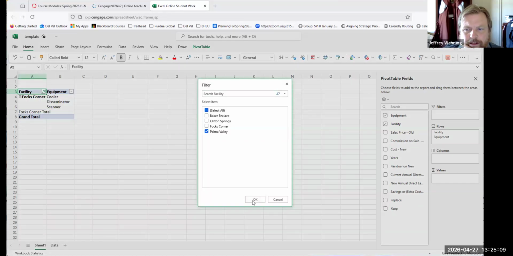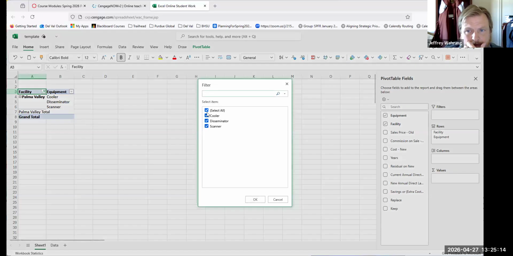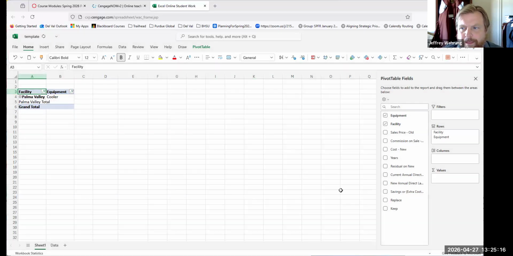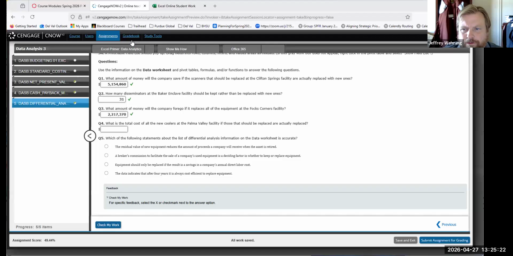We're just looking at Palma Valley, and we're just looking at coolers. Okay, and then let's look at the cost. That's the sum of the cost of all the new ones.